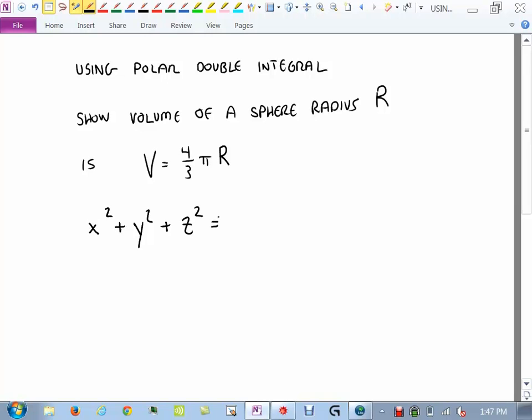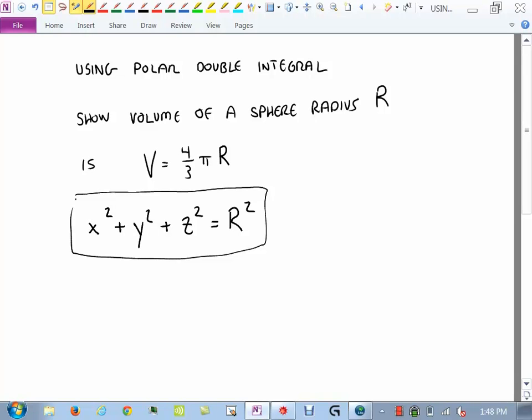So let me write down the equation of a sphere, which we all know, right? Centered at the origin, capital R is its radius. That's the equation of a general sphere. If I'm going to look at that as the top, as my surface, I have to solve that for z, don't I? And if I solve that for z, that means I have to take a square root at some point, which means I'll have a top and a bottom, which is fine because I'm only going to look at the top.